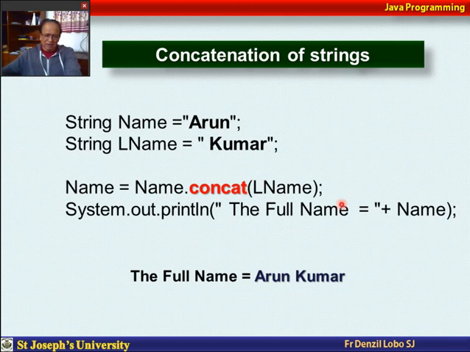As you see here, I have left a space. Suppose you were not to leave a space, it would have given ArunKumar without any space. Since I have left a space, Arun Kumar is going to be printed. So this is called concatenation: concat this last name with this name and assign it to name.